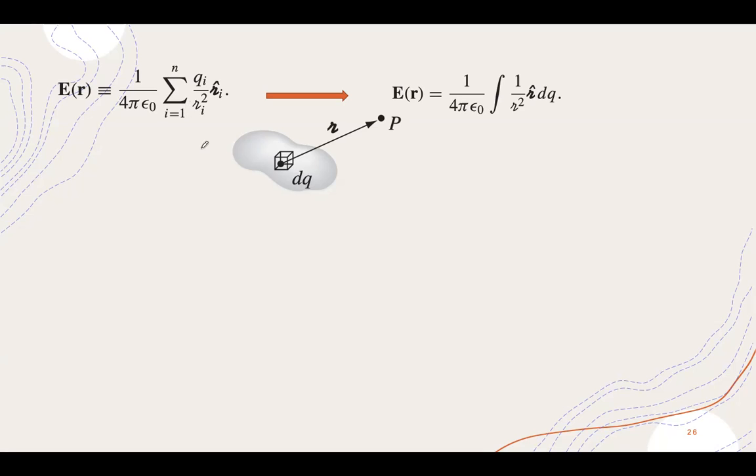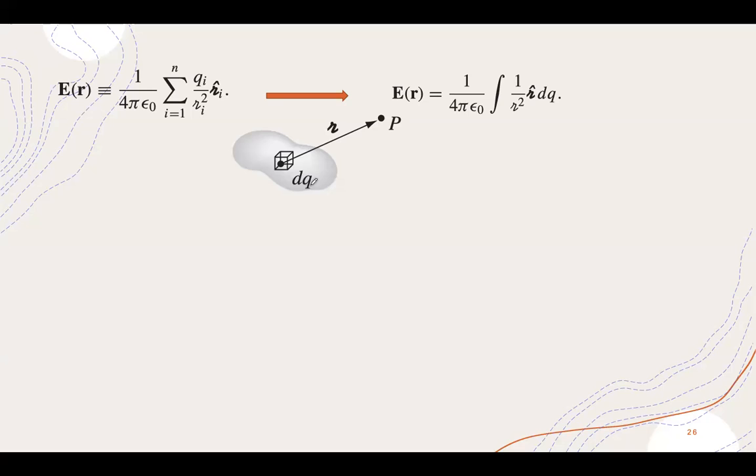But when you have a continuous distribution of charge, the sum should be replaced by an integration, and the definition changes. So E(r) is equal to 1 over 4 pi epsilon naught times the integral of 1 over r squared, r cap being the direction, times dq. So dq is the charge of the continuous distribution.